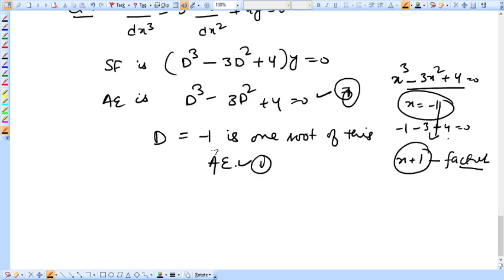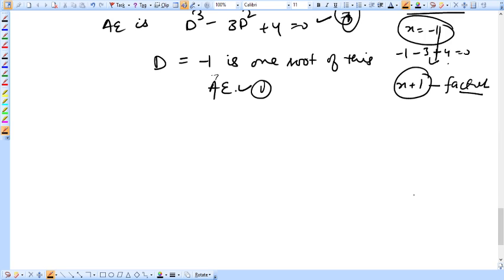So how to find out the rest of the roots? There are two methods. One method is you just apply long division: divide D cube minus 3D square plus 4 by D plus 1.